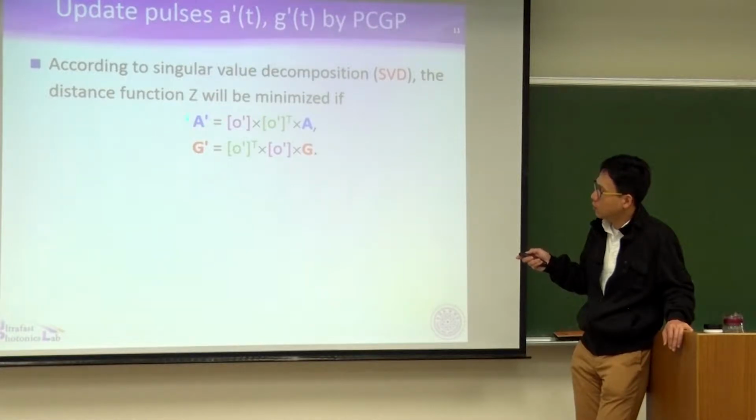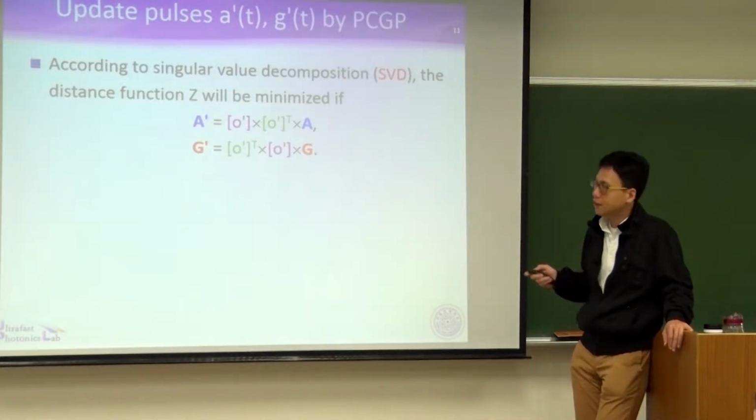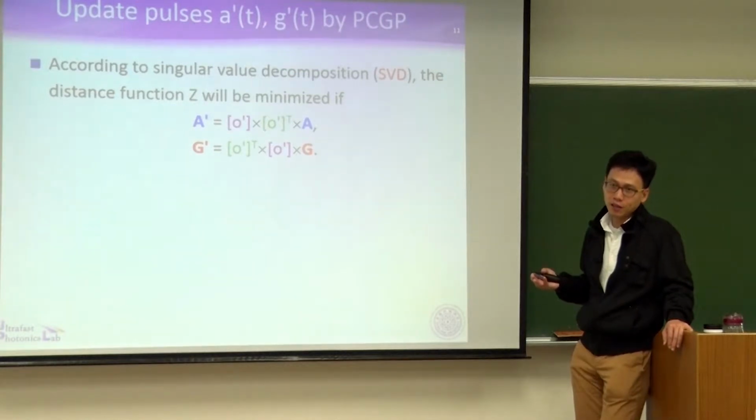The new vector A, which is represented by A prime, is equal to O multiplied with O transpose, then multiplied with big A. And similarly, but slightly differently, G prime equals O transpose multiplied with O multiplied with G. So these two are matrix operations, just performing matrix operations.